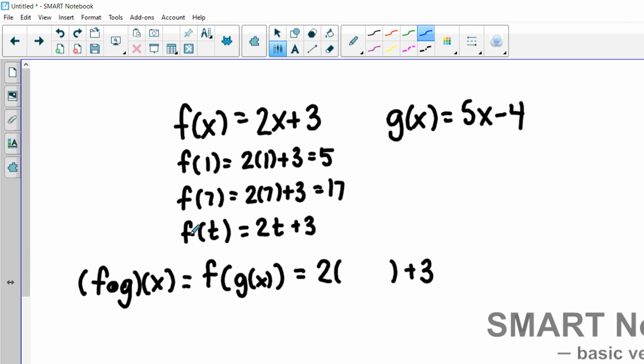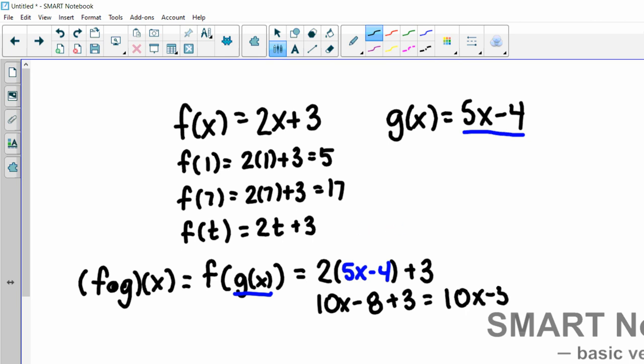But this is saying instead of the x, I'm going to replace every x with all of g of x. So I'd have 2 times the quantity 5x minus 4 plus 3. From here, we're going to distribute the 2 and then combine like terms to simplify that expression as much as we can.